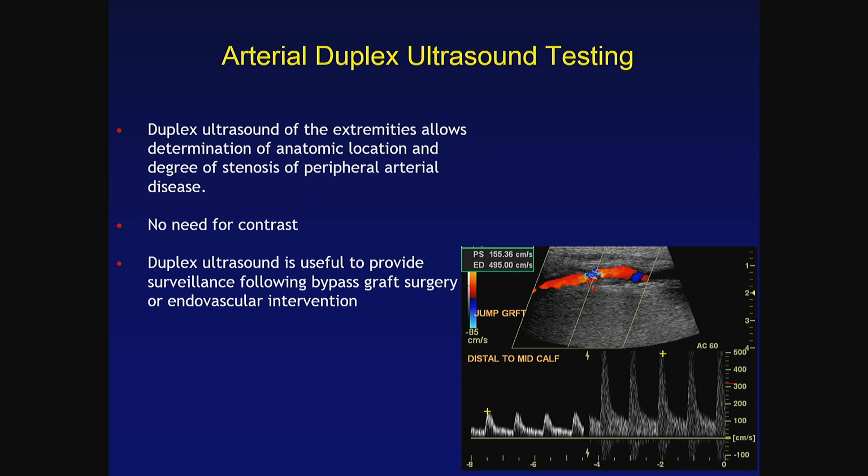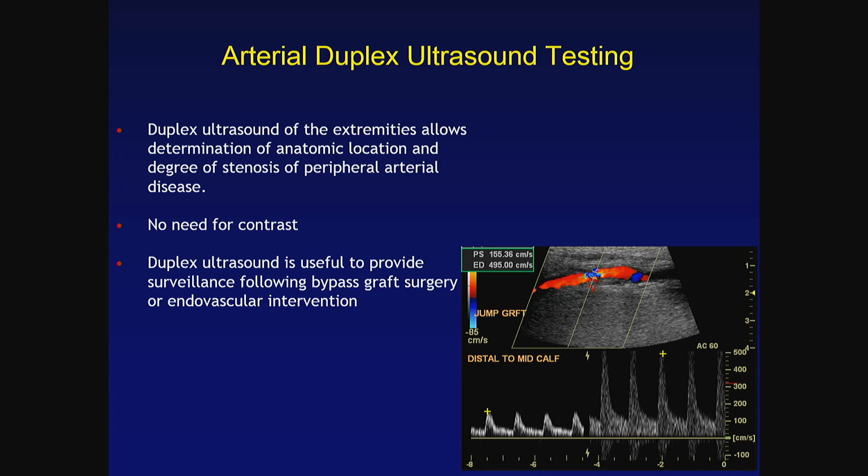Arterial duplex ultrasound allows us to both locate the stenosis along the limb. It allows us to assess the degree of the stenosis, assess for collateral circulation.